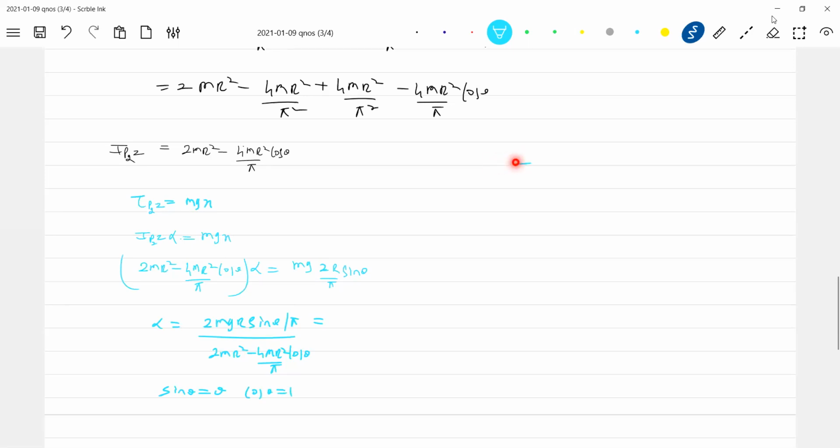So therefore this equation will now end up as alpha is equal to, what all I can cancel: m will get eliminated, 2 will get eliminated, and R also gets eliminated. So g by pi, pi also gets eliminated from the numerator. So g by R into pi minus 2, times theta. Check it once.